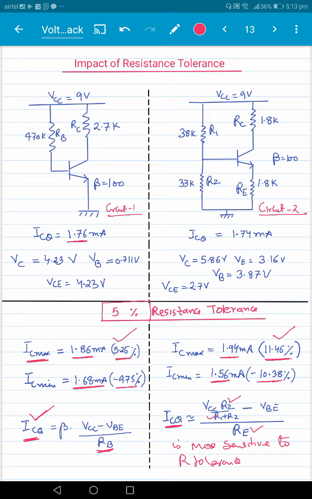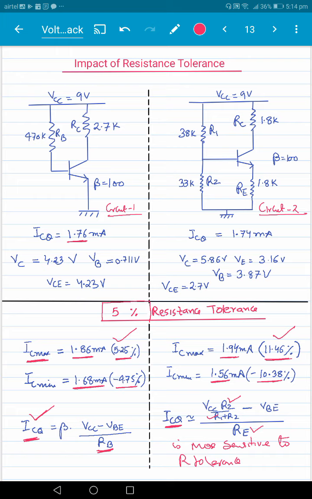So, our circuit number 2, the voltage divider bias, which is called the best way of biasing or the most robust circuit, we find that it is not so robust. In fact, the variations in the resistors cause a much larger change in the bias current as compared to circuit number 1. So, that is what we were commenting, that whenever you gain something, you lose something.